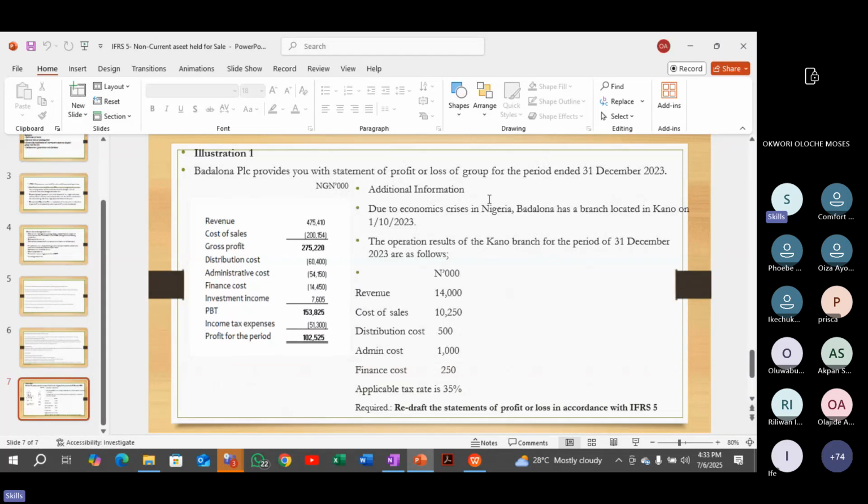Additional information: due to the economic crisis in Nigeria, Badalona has a branch located in Kano, and a word is missing here, that will be disposed of on 1/10/2023.